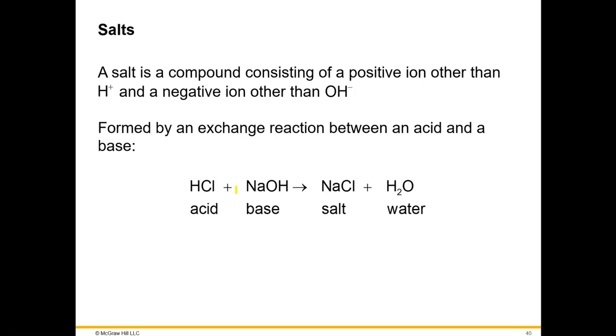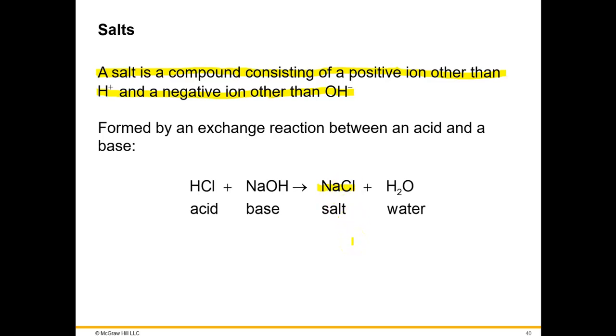Okay, and a salt just consists of a positive ion other than hydrogen and a negative ion other than hydroxide. So if it contains H plus or OH minus, then it's not going to be called a salt. It'll be called an acid or a base. But if it contains a positive ion and a negative ion, like sodium chloride contains sodium, which is positive, and chloride, which is negative, then we call that a salt.